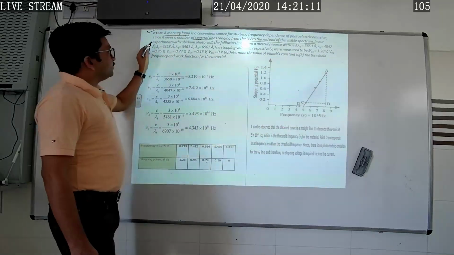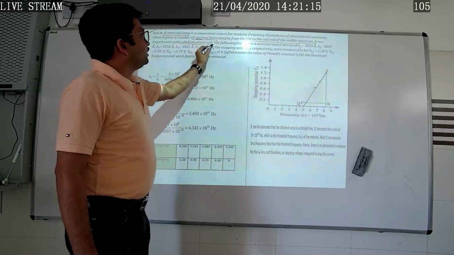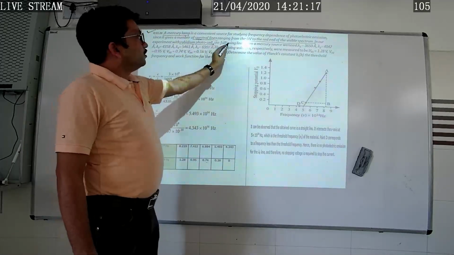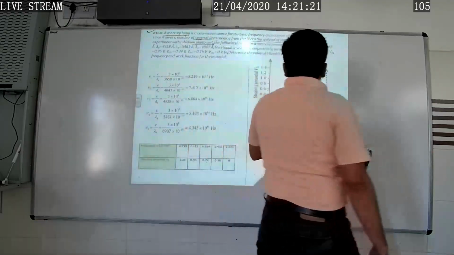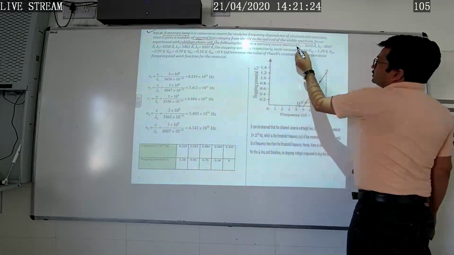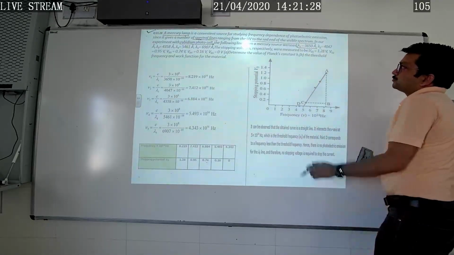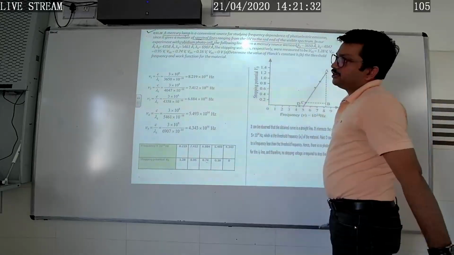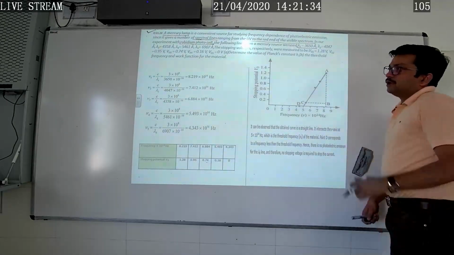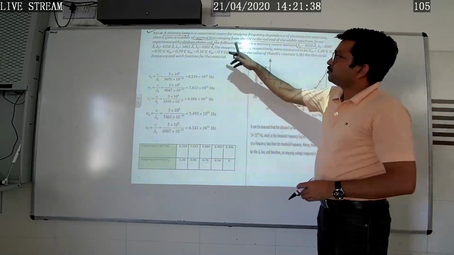In our experiment with a rubidium photocell, the following lines of the mercury source are used. Here the wavelengths are given: lambda 1 is 3650 angstrom, lambda 2 is 4047 angstrom, lambda 3 is 4358 angstrom, lambda 4 is 5461 angstrom, and so on.